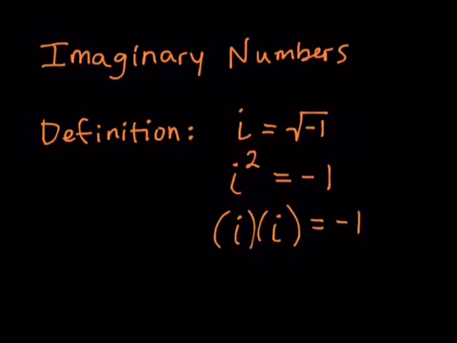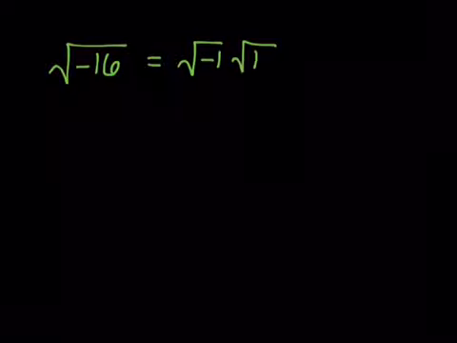Of course it's imaginary, it's not real, but this allows us to work with other square roots of negative numbers. For example, the square root of negative 16, I'll return to this one. I can write this as the square root of negative 1 times the square root of 16.